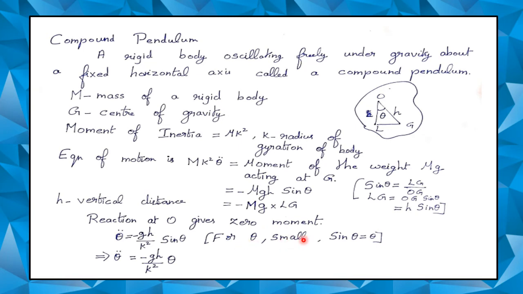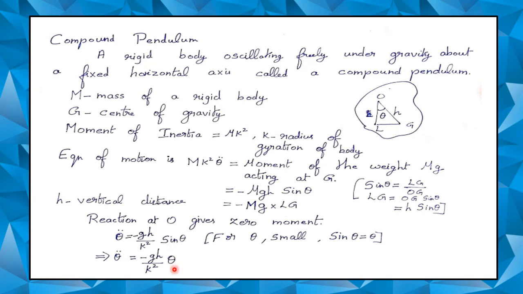And if theta is small, we can take sin theta equal to theta. So now the angular acceleration theta double dot will be equal to minus gh by k square sin theta. That is theta double dot equal to minus gh by k square theta.